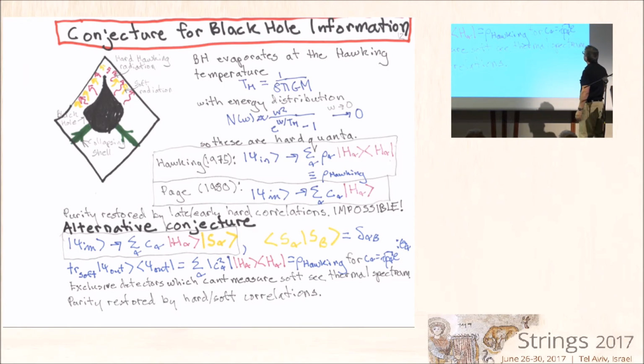Now, it evaporates at the Hawking temperature, and a typical outgoing state will consist of black body radiation with an energy distribution, or a distribution of quanta, which goes like omega squared at small energies. And so we can think of all of the Hawking quanta as hard quanta because their density goes to zero with omega.